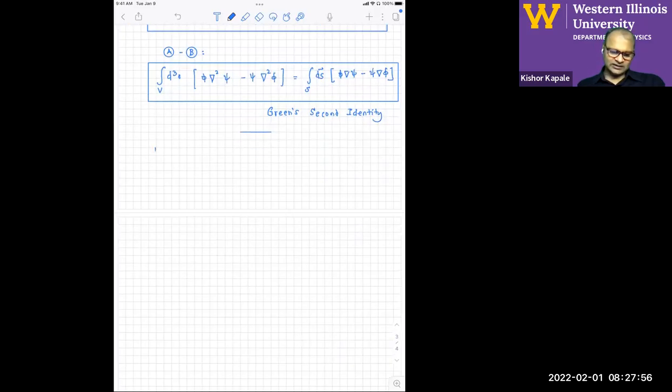Let's take F, and this one I won't rigorously prove. You can go through them. So now we took two vector fields, so P and Q are two arbitrary vector fields.